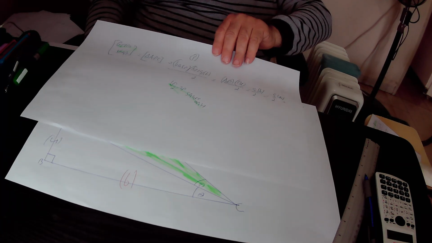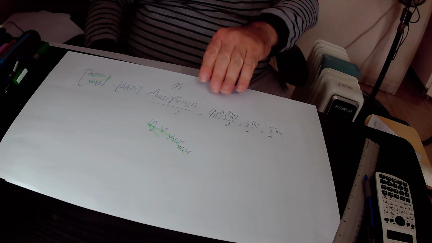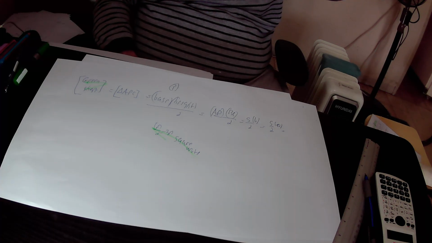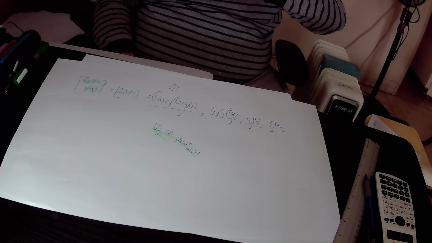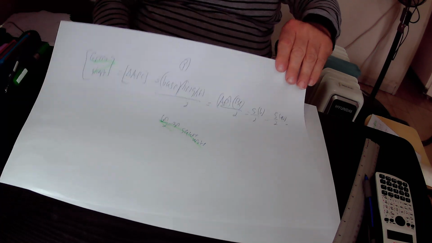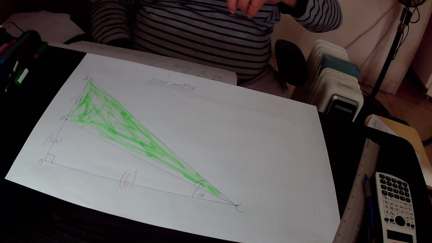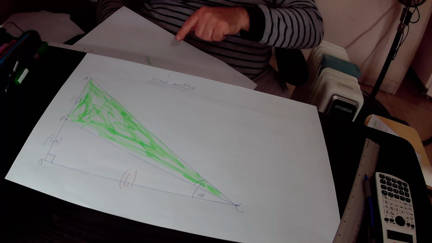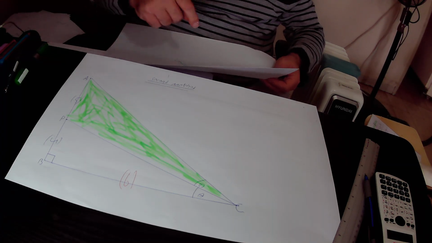But we found that b equals 12, so we substitute b by 12, and we find that the area of this green shape, that is the area we are looking for, is equal to 5 times 12 is 60, and 60 over 2 is 30. So on both methods we found that the area of this green shape is equal to 30 square units in size.